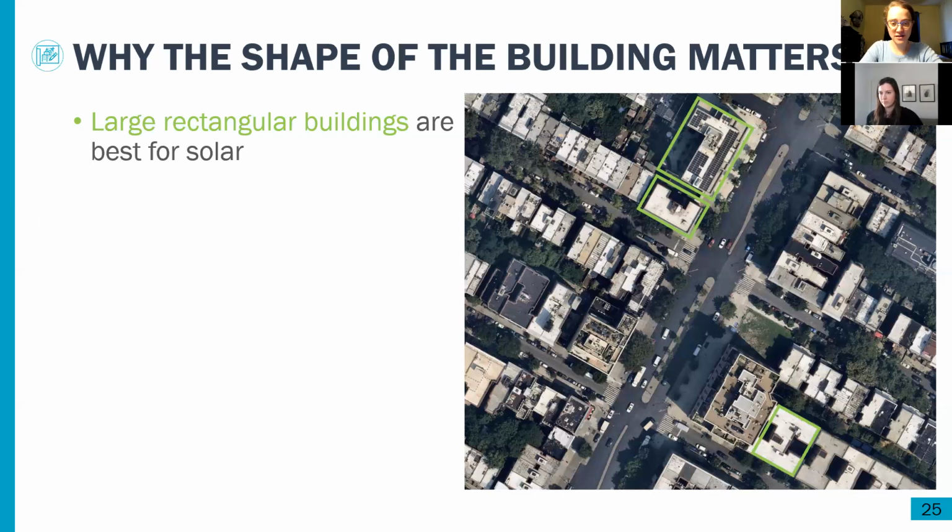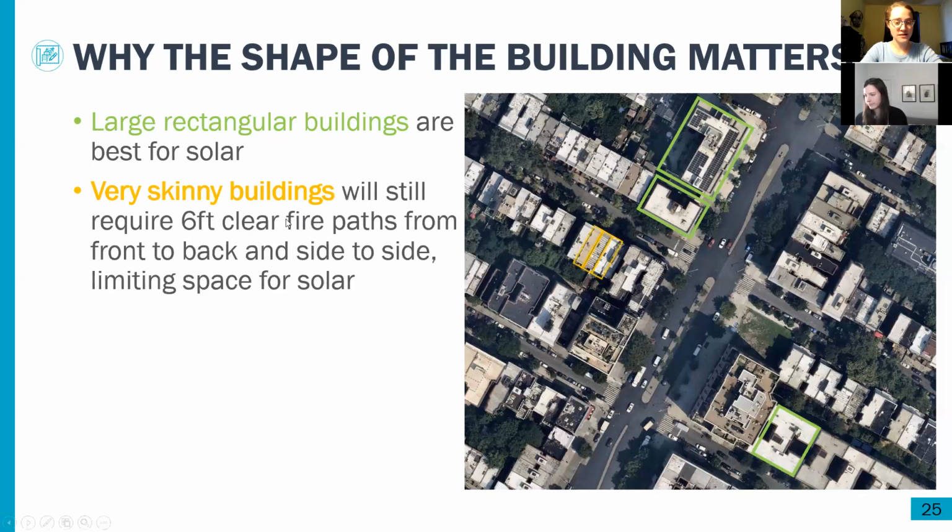So the three that are shown here, an H-shaped building, a block, and an L-shaped building, they all have this much space for solar panels. And you can see on that building that does have solar, there's one smaller array on the kind of nub that's sticking out. And that's fine, but if that section were smaller, or if there were other smaller sections, it would be harder and harder to fit a cost-effective solar system in lots of small different places.